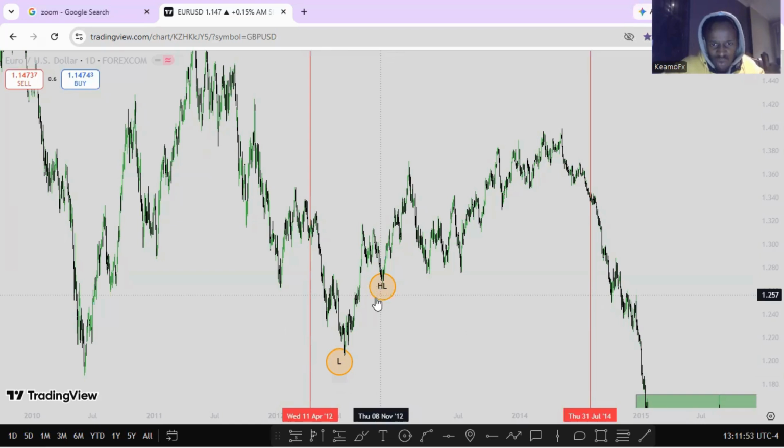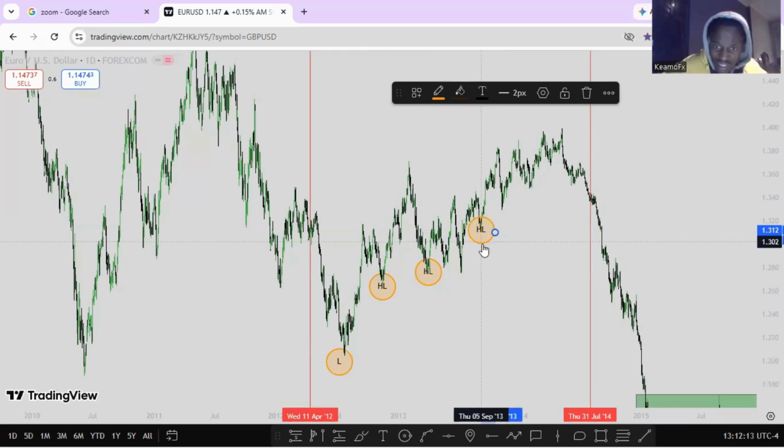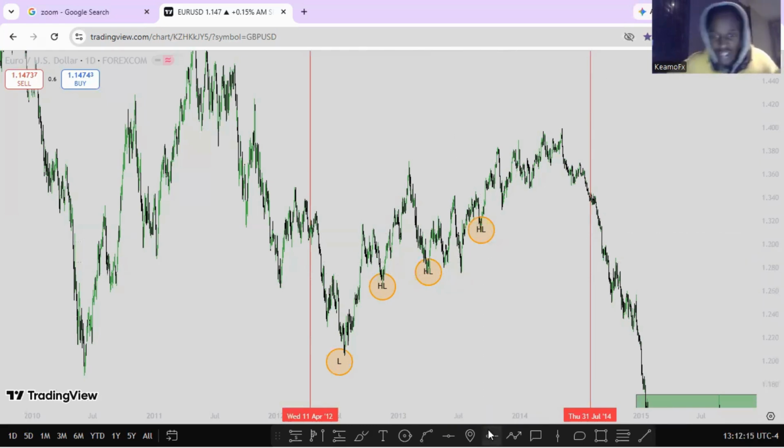Is this low higher than this one? Yes. Here's another higher low. Is this low? No, this is the same one. So we're in the higher low, which is here. Let's see. Is this low lower than this previous one? No, it's actually higher. So it's a higher low. So that's my first confirmation that we're in a buy trend.